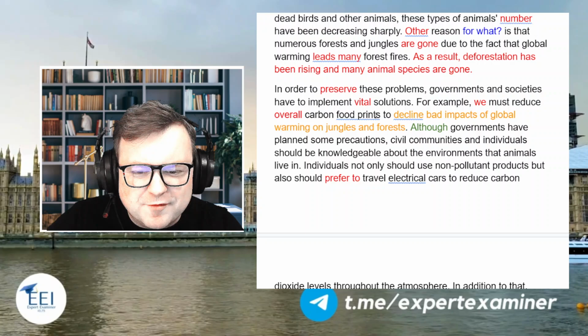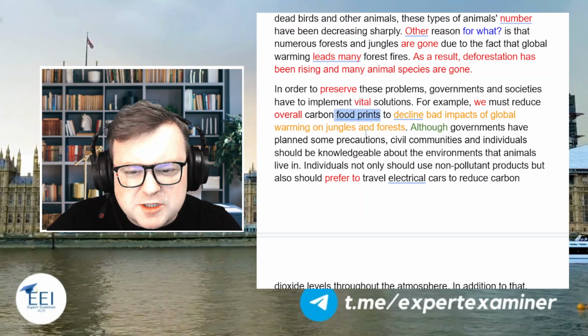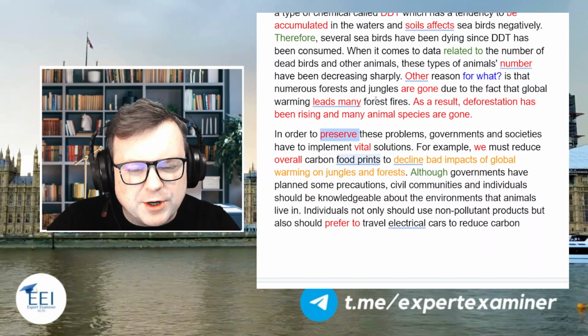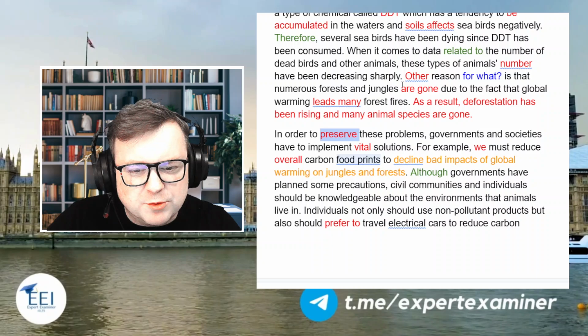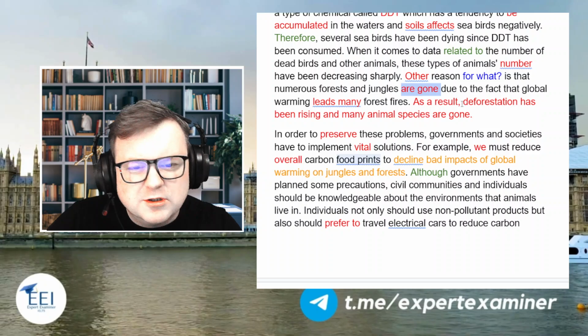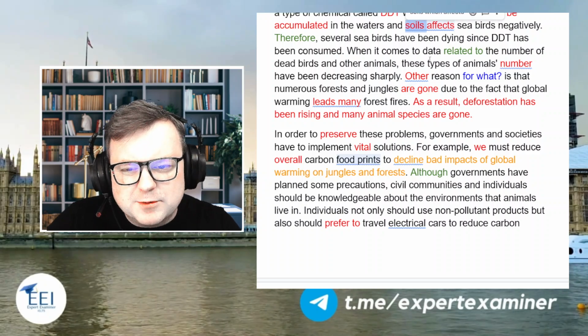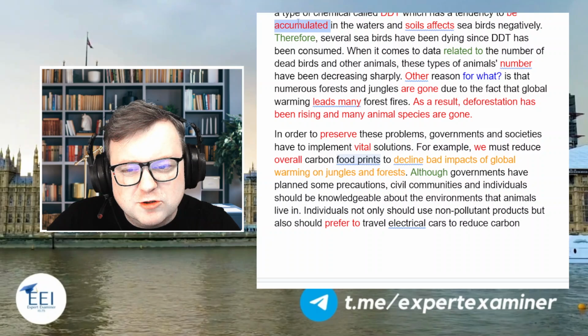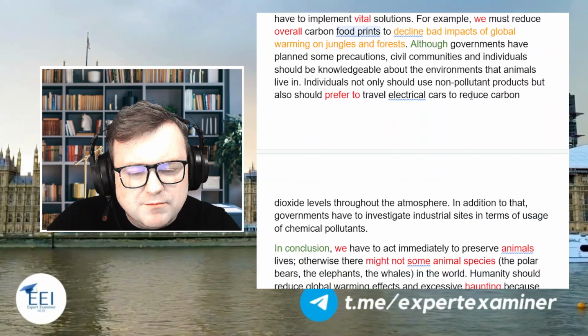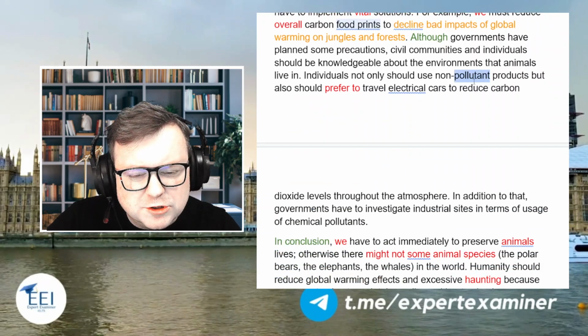Overall carbon footprint, an attempt at some topic specific language. Preserve these problems, that's just not the right word. It's actually the opposite word that we want. Some language is a bit informal, plural form of soils, but we get accumulate, natural environment, pollutant, yeah, maybe enough.